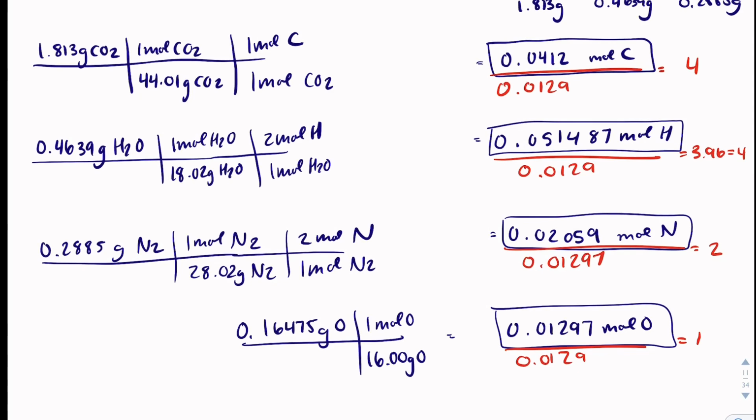Oh, and my H's, when I plug in the H's again, 0.0514 divided by 0.0129, 0.051487, 4. So let me see. Okay, this should be 5.